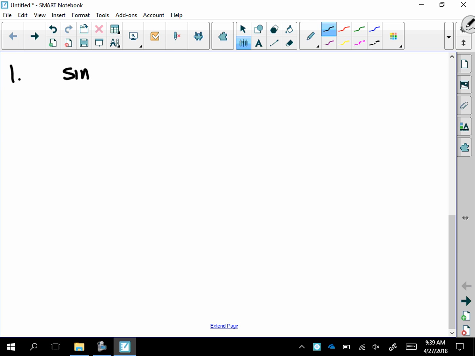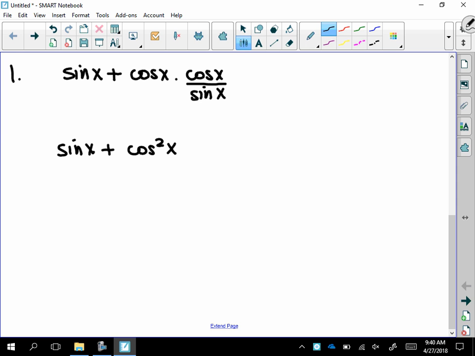We have sine of x plus cosine times cotangent, and cotangent is cosine over sine. So this really becomes sine of x plus cosine squared x over sine.